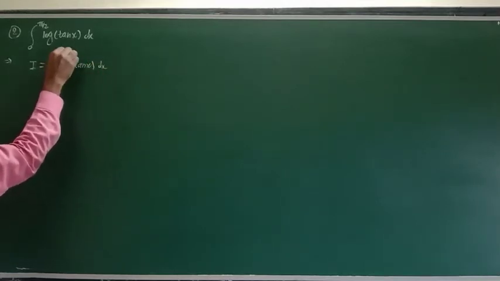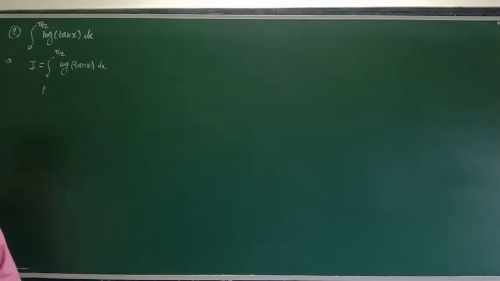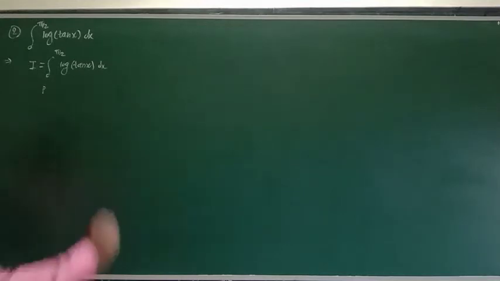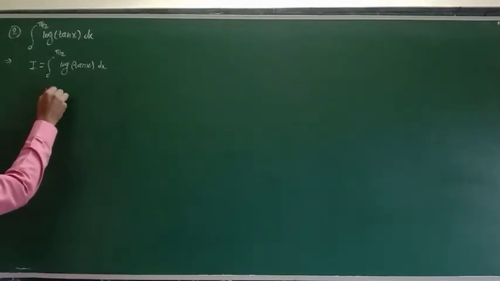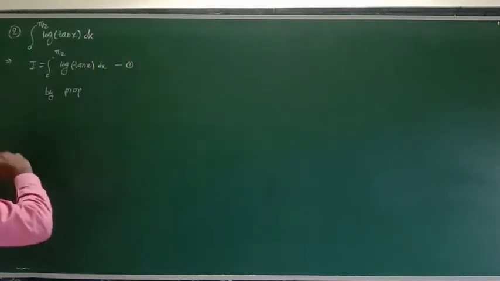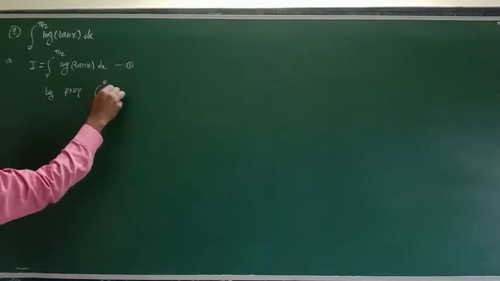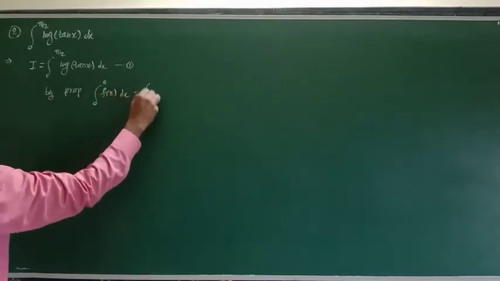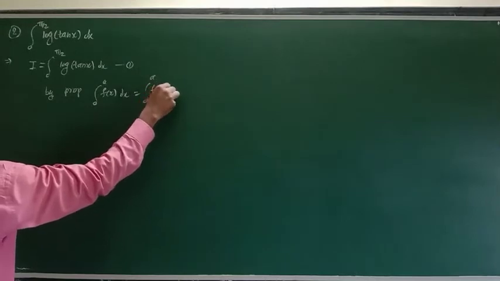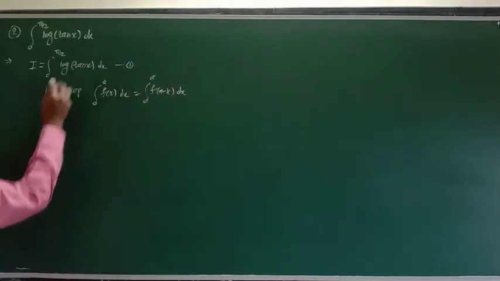So if I use the property, I denote this integral as equation 1. By the property, integral from 0 to a of f(x) dx is equal to integral from 0 to a of f(a minus x) dx. This is property number 4 we have studied in an earlier lecture.